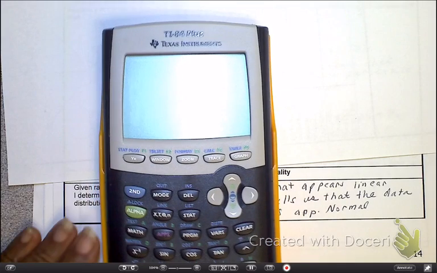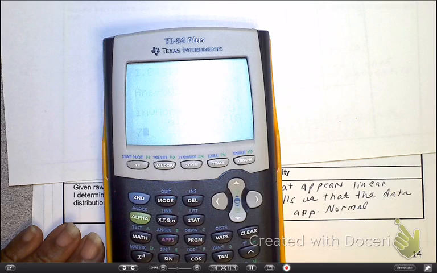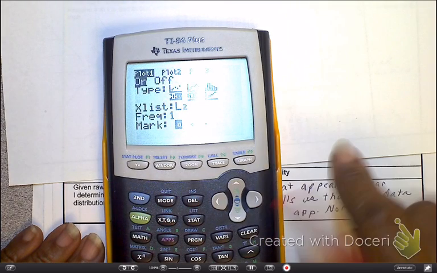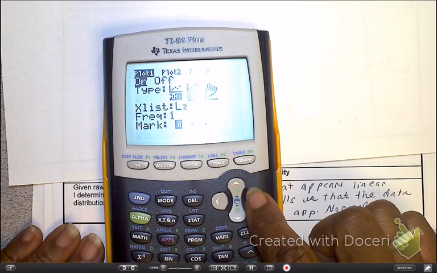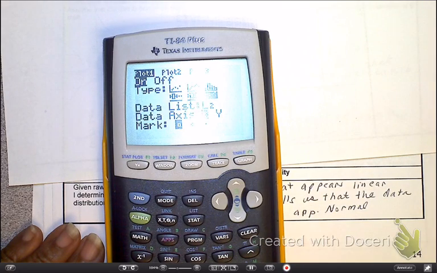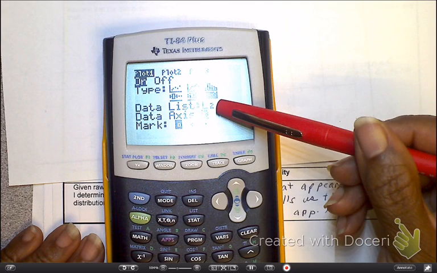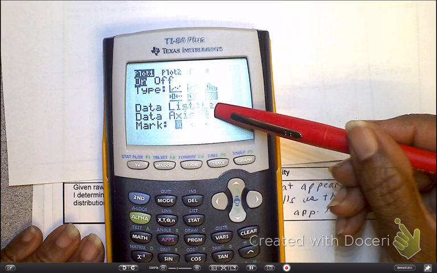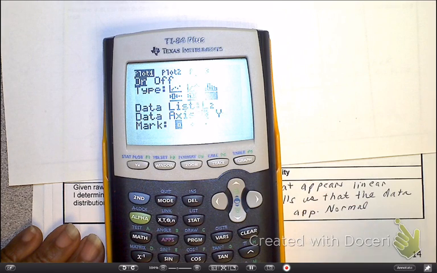So here, as I go to second stat plot, after I've turned it on, I'm just going to write down here is the normal probability plot. And you can see what's going on here. Once we plug in numbers, if that plot is linear, then yes, the data that's been put in there is approximately normal.